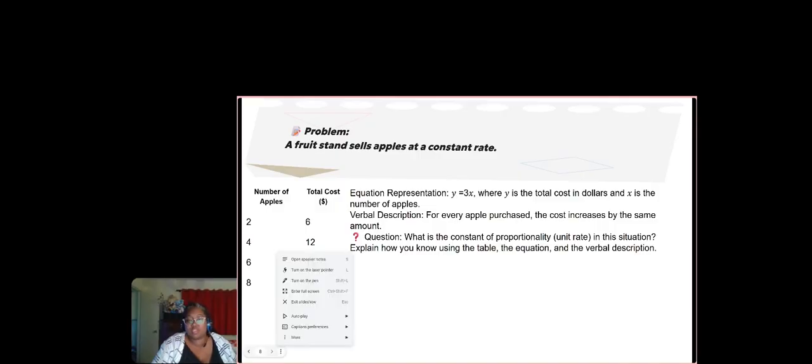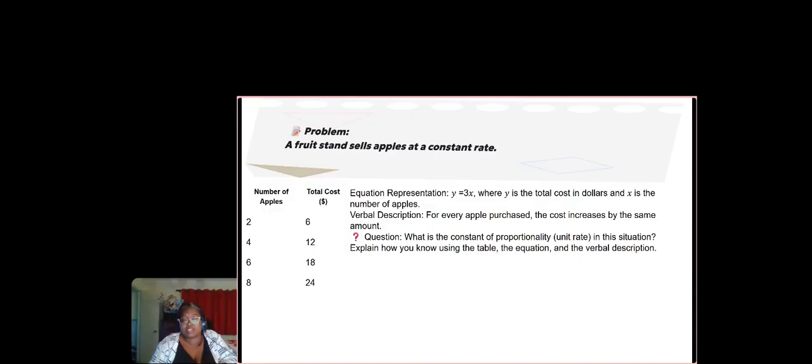Well, let's look at what we have for our information. Whenever we're looking for unit rate, we are trying to get down to how much it is per item. It depends on the table, and on the independent and dependent variables.